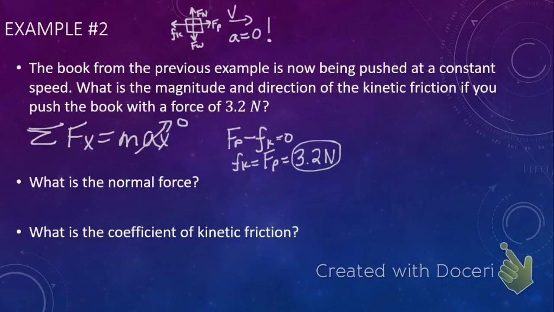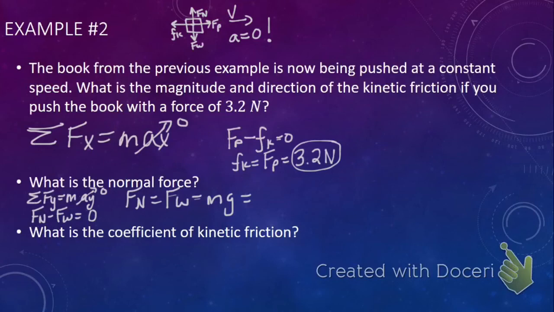All right. For the next part, we are going to look at the normal force. The normal force is dealing with what's going on in the y direction, as we remember for this particular situation. So the sum of our forces in the y direction is equal to the mass times our acceleration in the y direction. Remember, no acceleration, this term goes to 0. We have our normal force minus our weight is equal to 0. So our normal force is equal to our weight, which is mg.